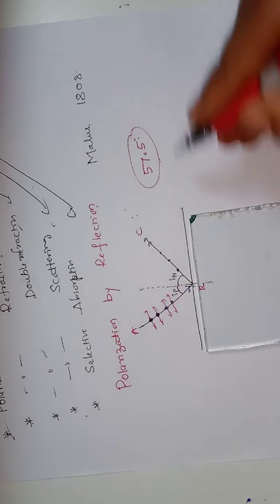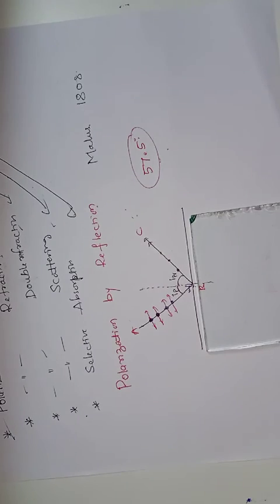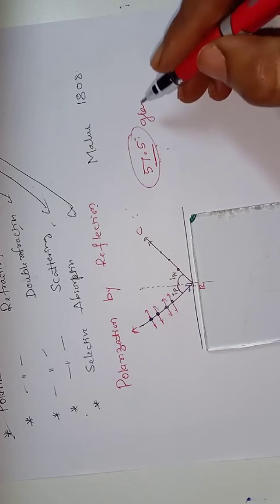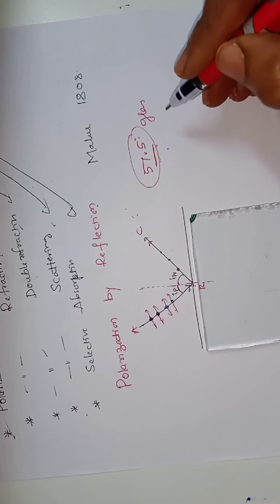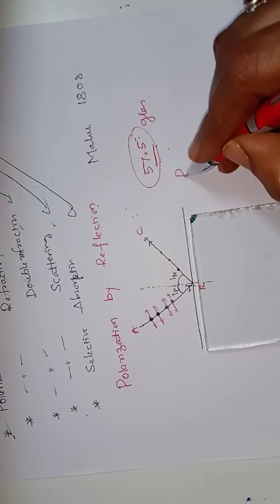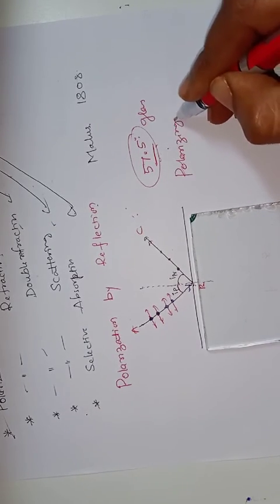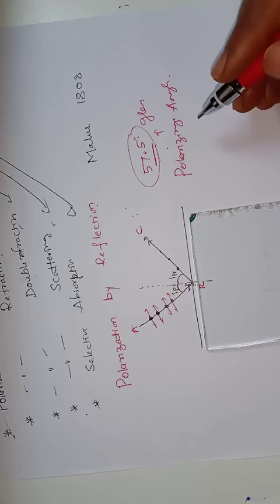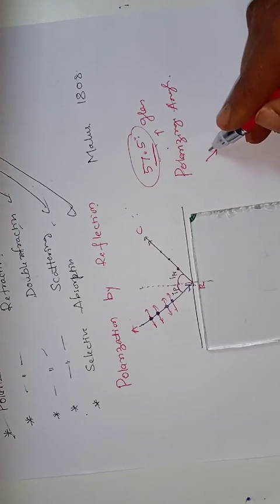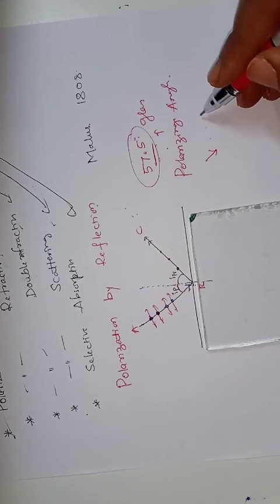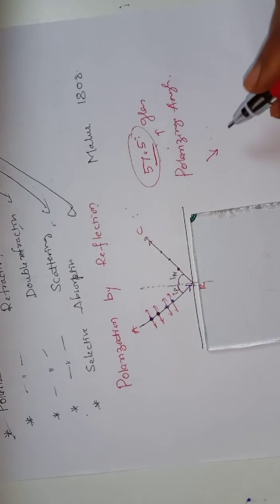This is known as the polarizing angle, and this is only for the glass surface. The polarizing angle is the angle of incidence at which the reflected light is completely polarized.